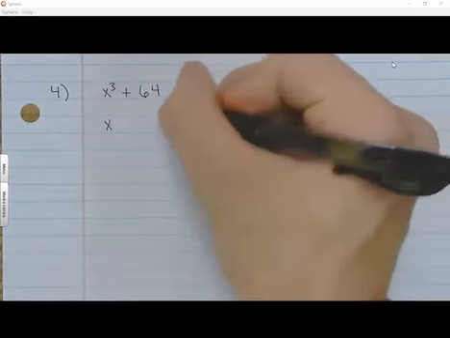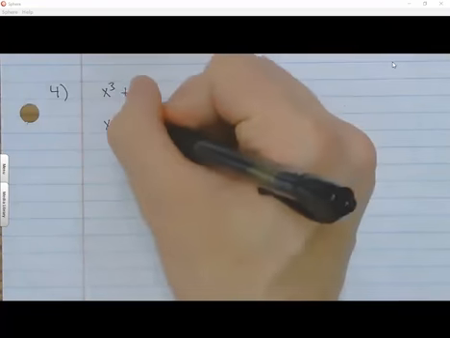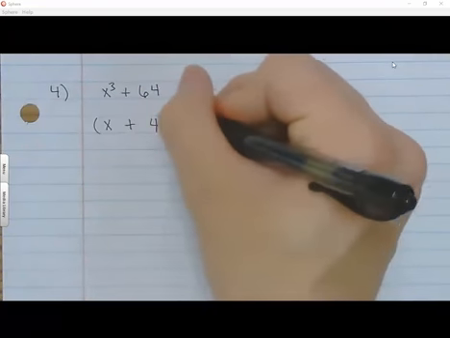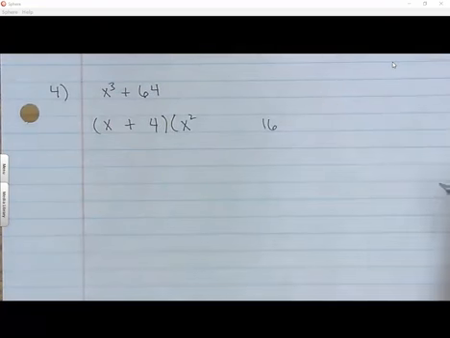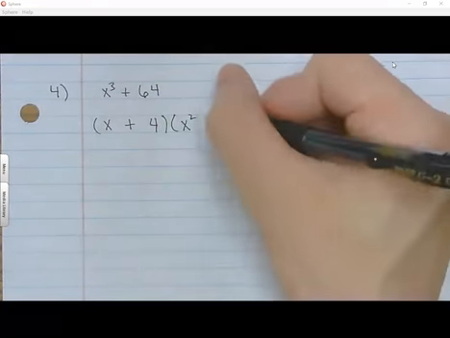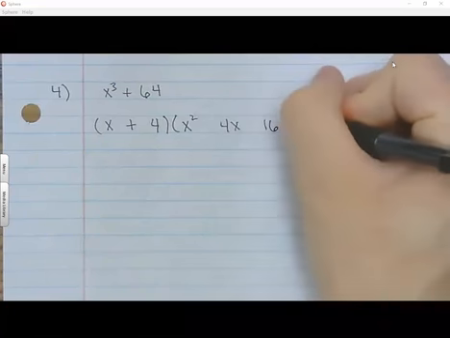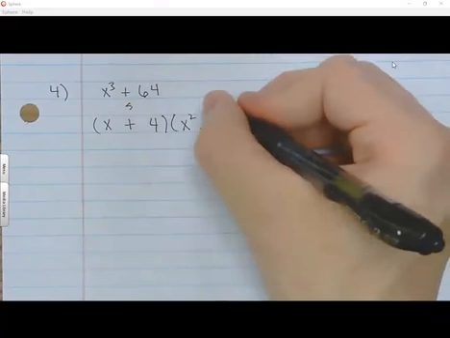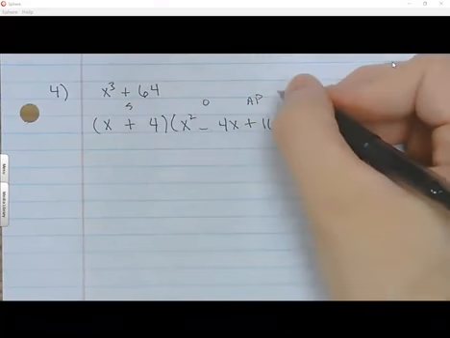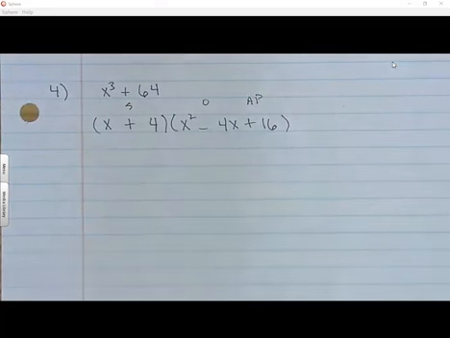So x, 4, bring down my plus, and then I start squaring stuff. So x squared, 16, and 4 times x is 4x. Minus plus. Same, opposite, always positive. Okay, so that's how SOAP helps us to find the signs.